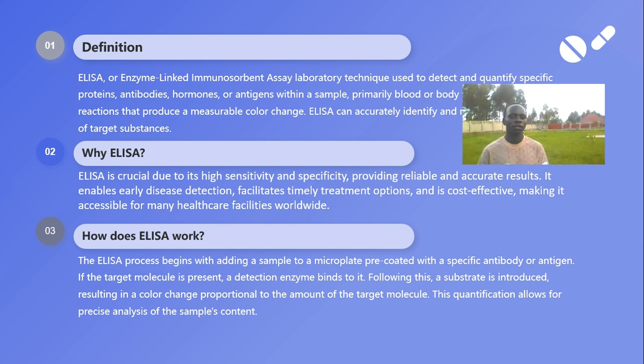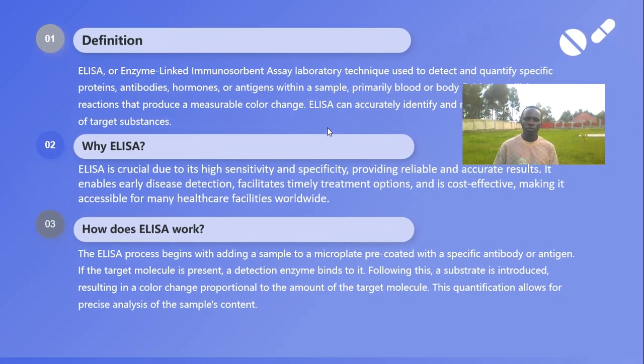Then the color change will appear, and that color change can be measured by ELISA machine, and its intensity will tell us how levels of those antigen or antibody are in the blood or in the serum or even other sample.